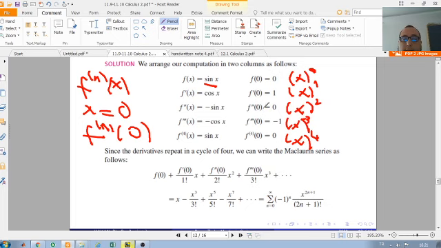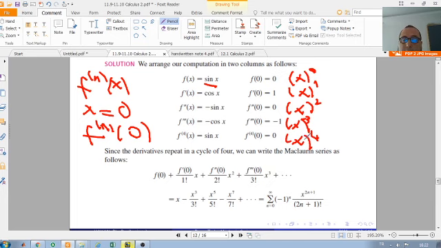The second derivative at 0 is equal to 0. So directly we are interested in x to the power 3, namely its coefficient. It is the third derivative at 0 over 3 factorial, and the third derivative is equal to minus 1. Therefore, we write minus 1 over 3 factorial times x to the power 3, and it is rewritten as minus x cubed over 3 factorial.